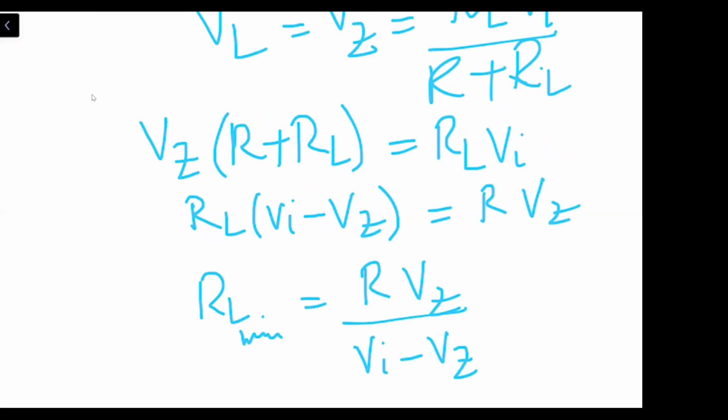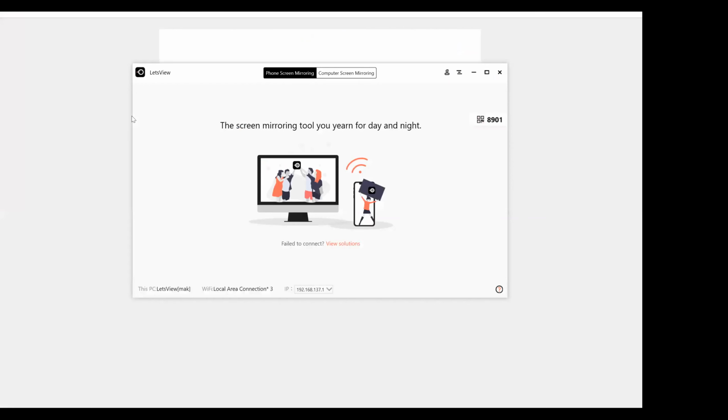So this value is going to give us the idea that the zener diode is in the on region. If the value is less than this minimum value, the zener diode will not be in the on region. So to be in the on region, the value of RL minimum should be this one, so that the regulation or the role of zener diode should be there.